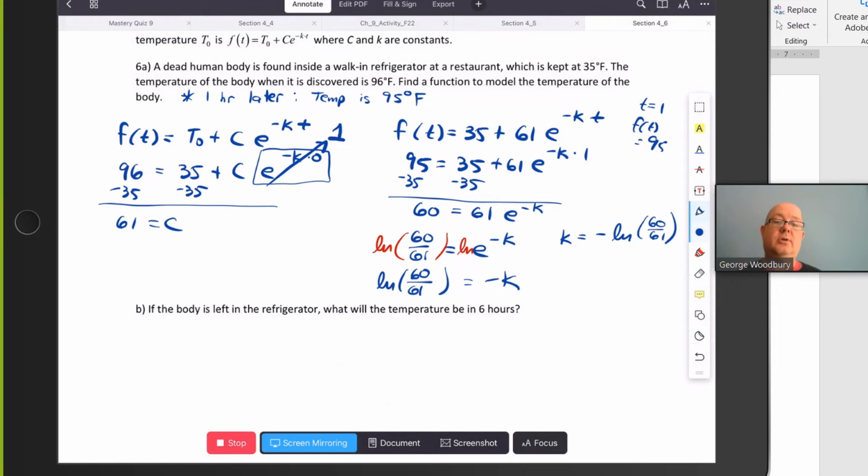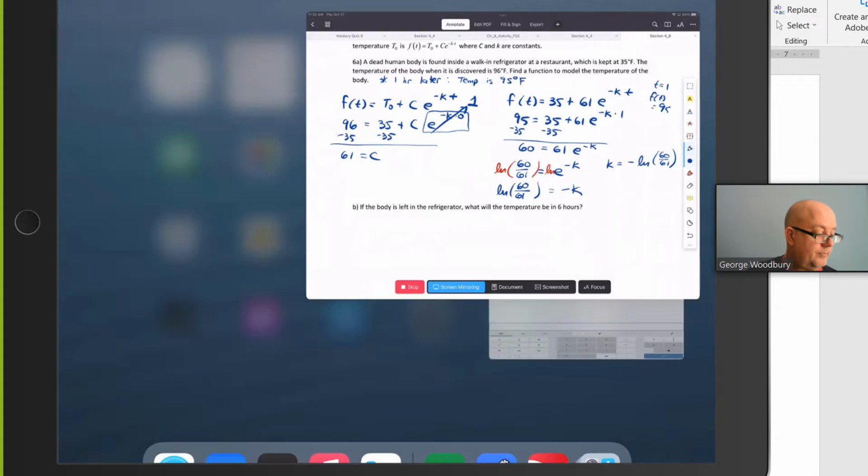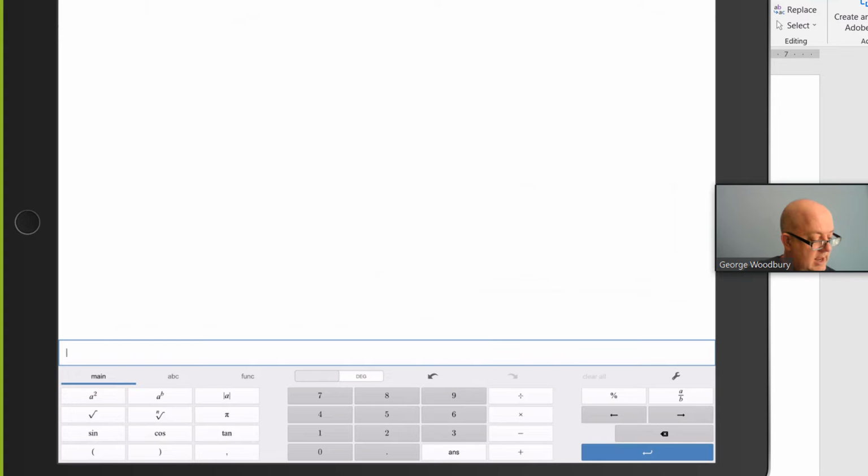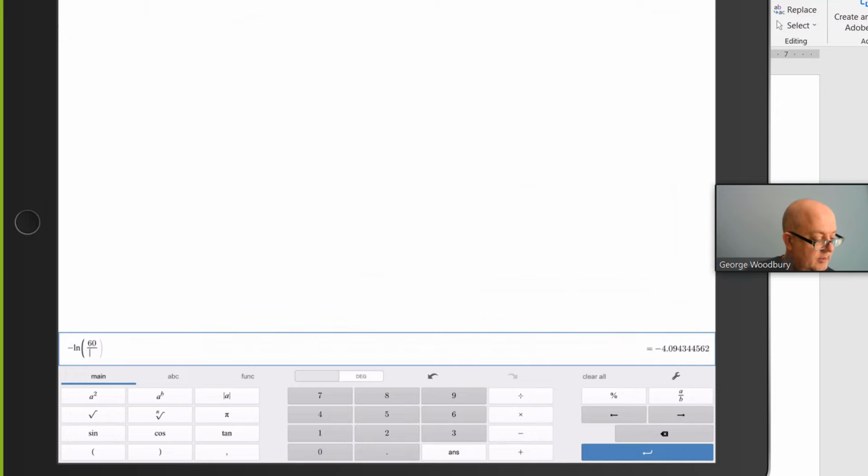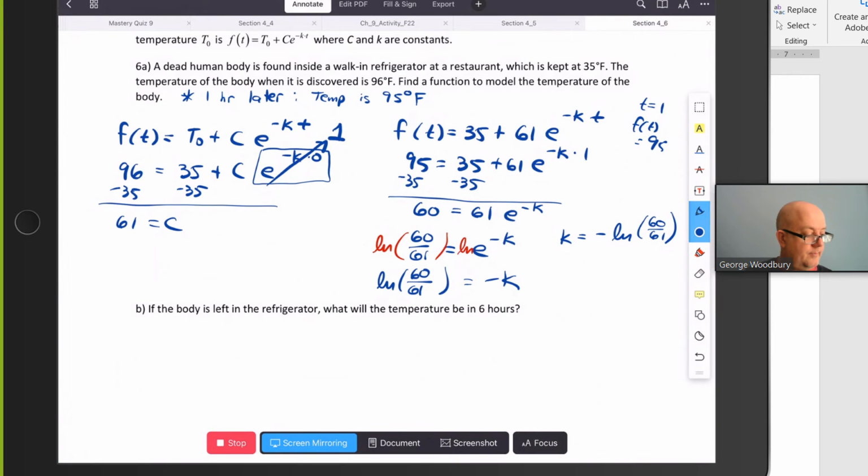Time to go to the calculator. We're going to round to 6 decimal places. Negative natural logarithm of 60 divided by 61, and we get 0.016529 for k.